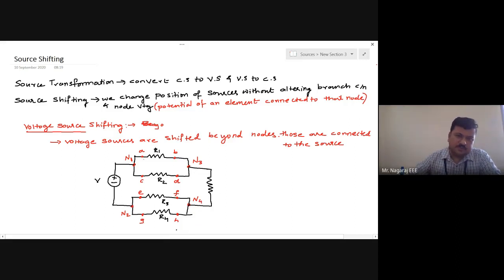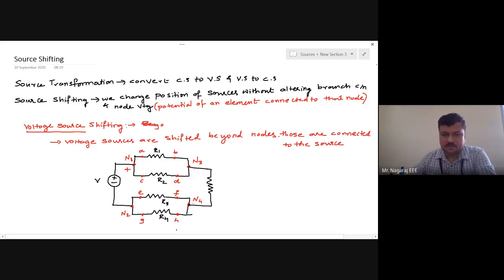Now we should observe that terminal A of R1 is connected to N1, and N1 is connected to the positive terminal of the source. Therefore, the potential of N1 is positive. Do you agree?